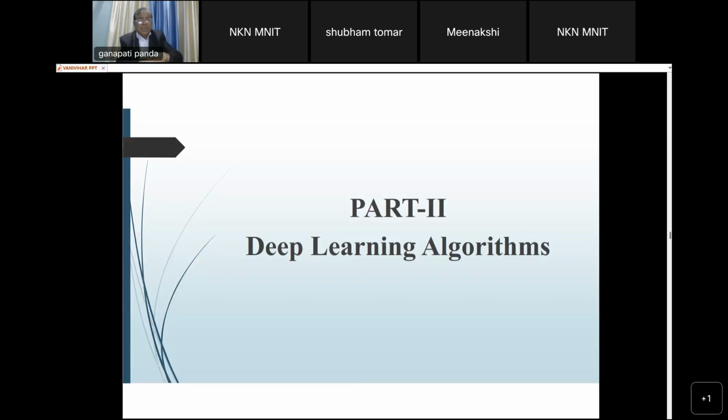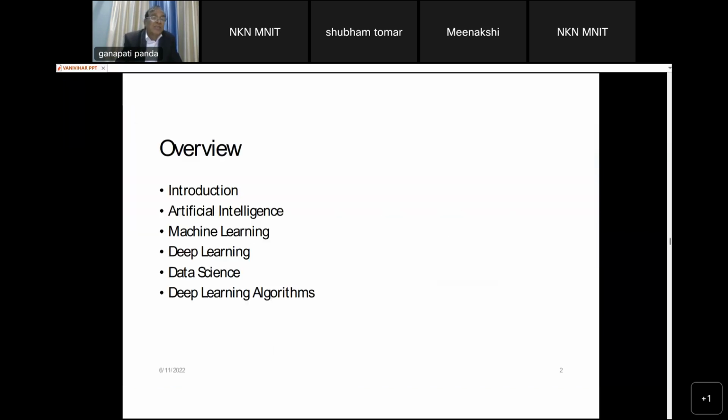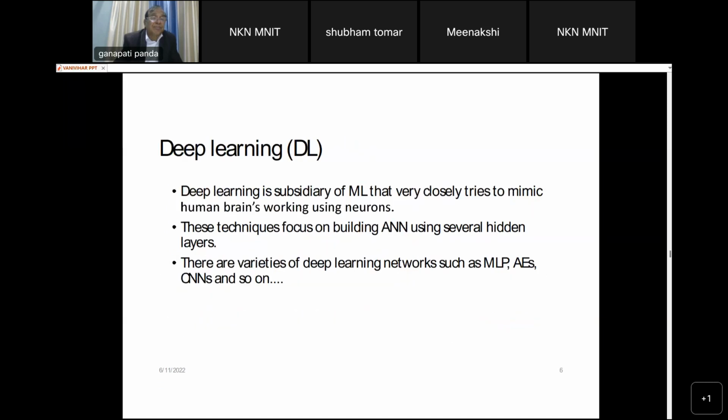Now coming to the deep learning models. Yes, there are varieties of deep learning algorithms. I'll give an overview. Basically, it is called deep because there are many stages of learning, inner and inside.